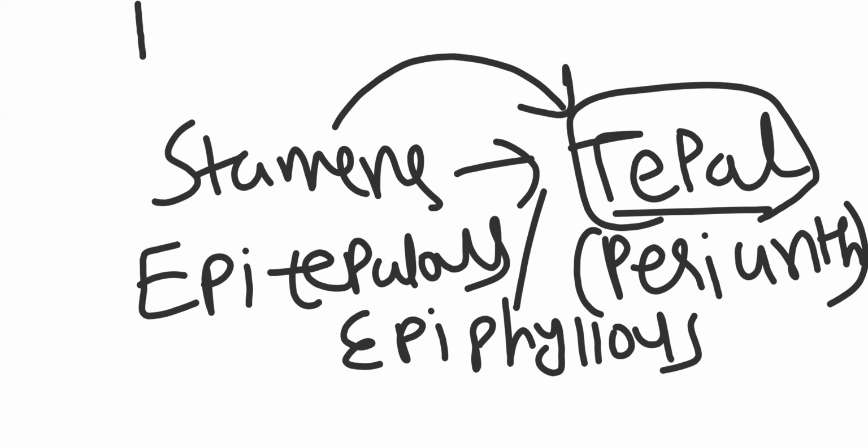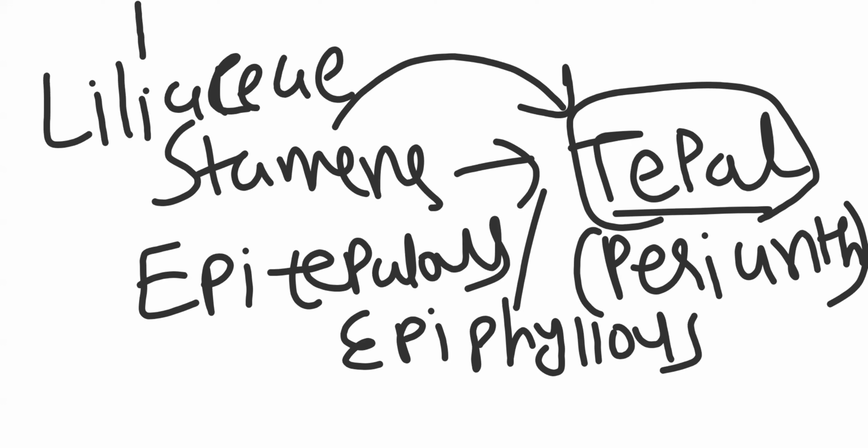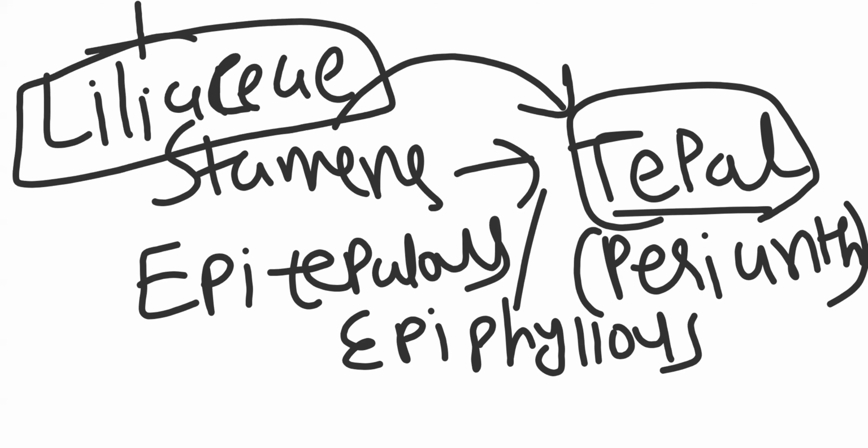And this is an exclusive feature of Liliaceae family, the last family that we will learn. Liliaceae, remember. Epipetalous, Solanaceae. Epiphyllous, epitepalous, Liliaceae family. Example, flowers of lily. See this picture.